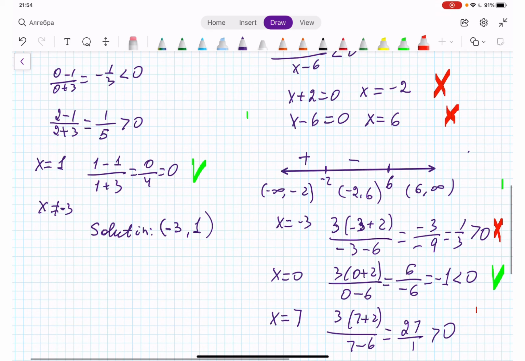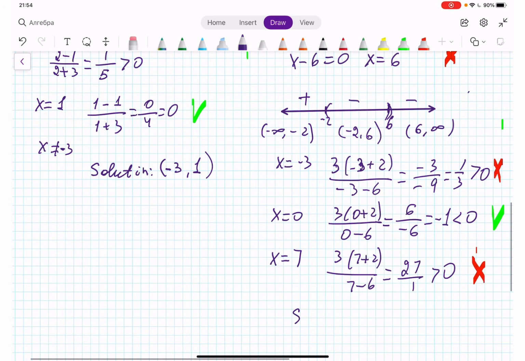And the positive does not satisfy because it has to be less than 0. So from here, the interval is going to be between negative 2 and 6. And the solution is going to be negative 2 and 6.